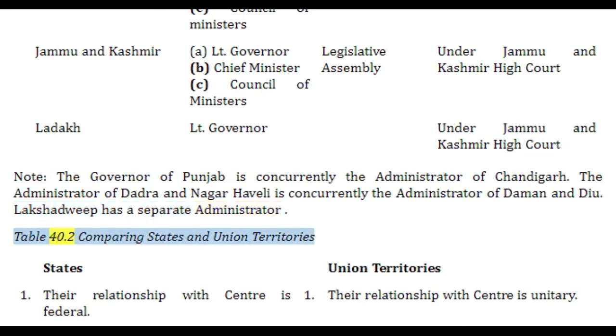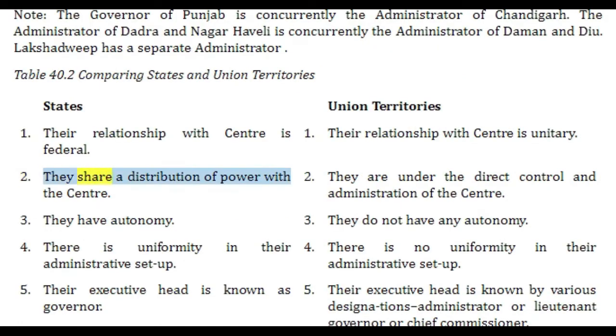Table 40.2 Comparing states and union territories. States. Union territories. 1. Their relationship with center is federal. 1. Their relationship with center is unitary. 2. They share a distribution of power with the center. 2.